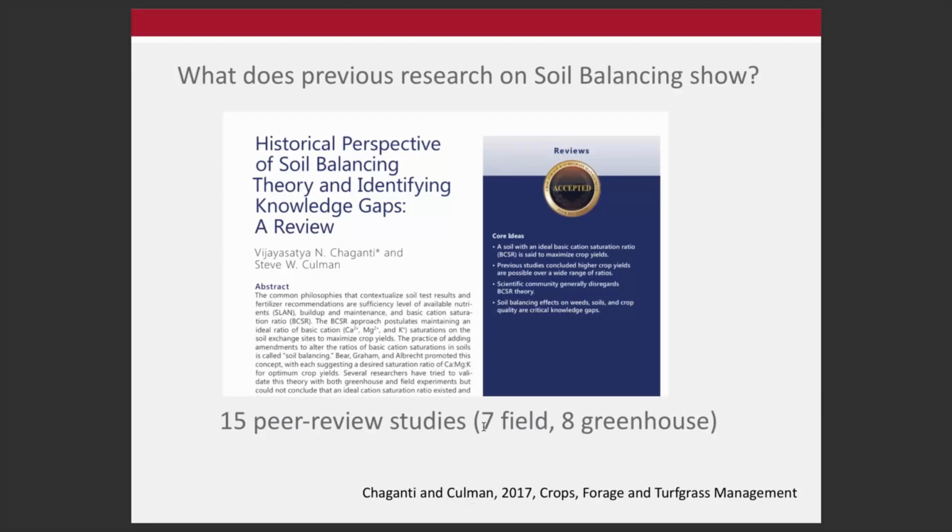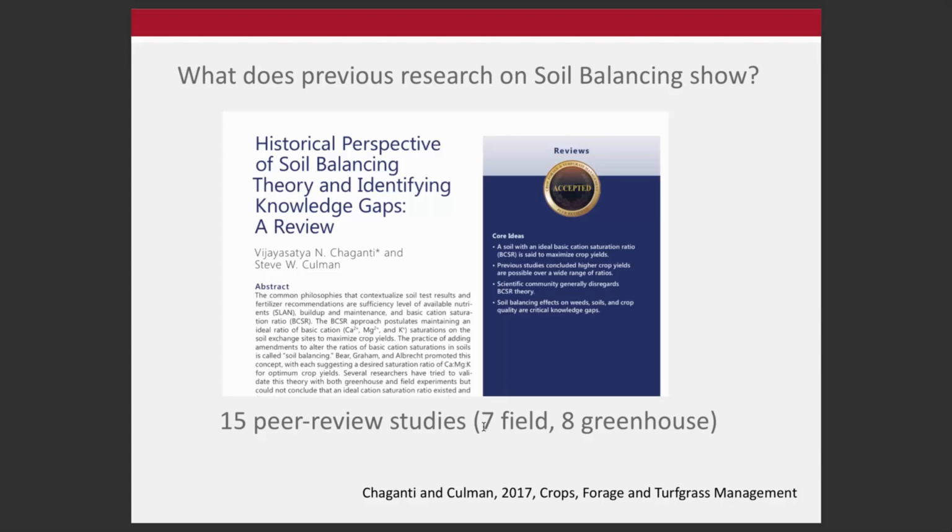So just to give you some perspective, what does previous research show? Okay, so a postdoc and I published an article a few years back when we looked at the peer-reviewed literature and tried to find everything that we could find in terms of looking at this BCSR soil balancing perspective and what has been published.